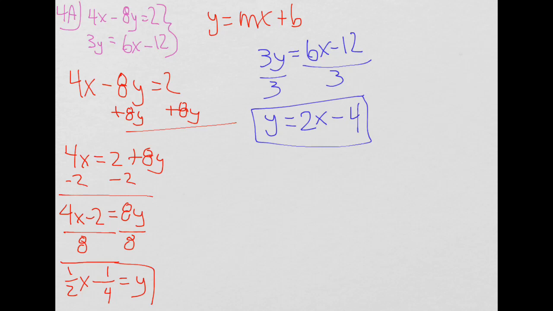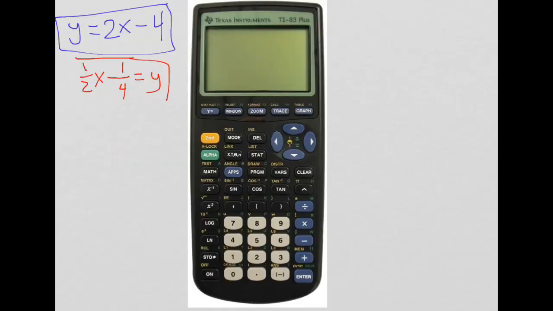To do that, go ahead and turn your calculator on, hit the y equals button so you can start to graph, and enter your first equation where it says y1. Let's just enter it as we see it.